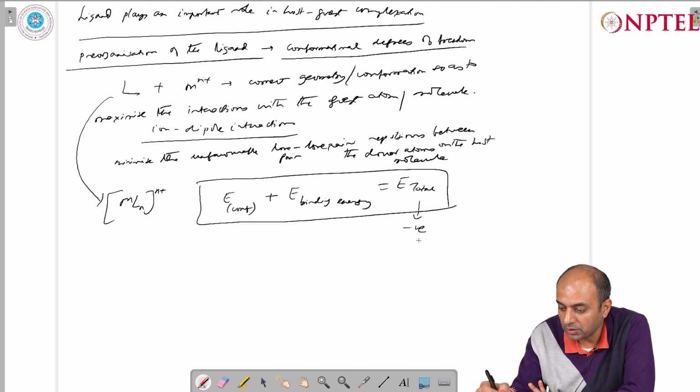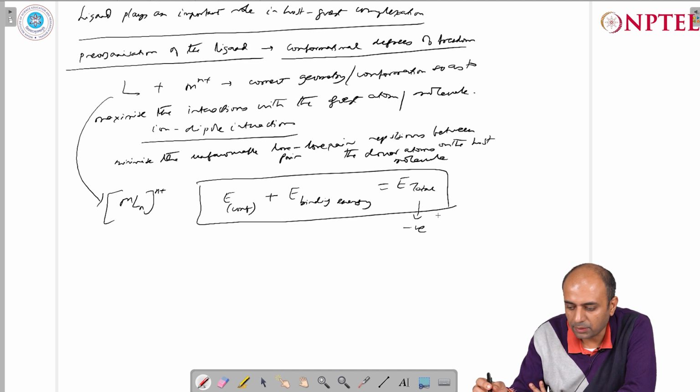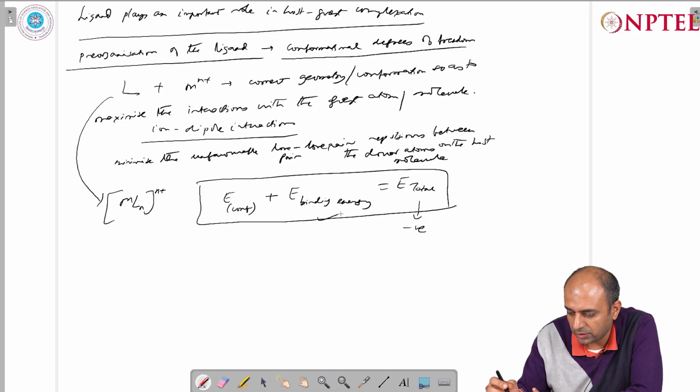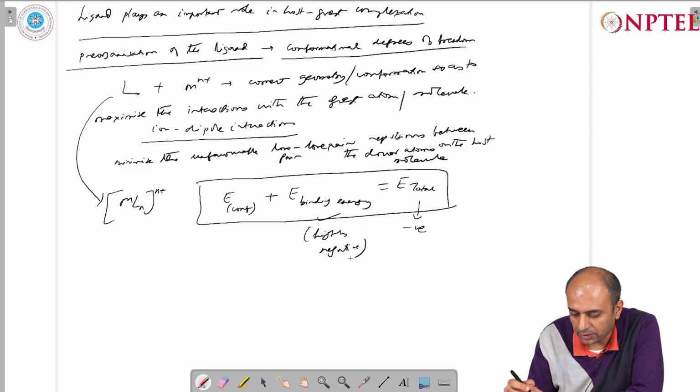That means the formation of the host guest complex is a stabilizing process, where the final potential energy of the system is lowered, and this comes from two terms. The binding energy term has to be highly negative, such that you have maximized the donor acceptor interactions.